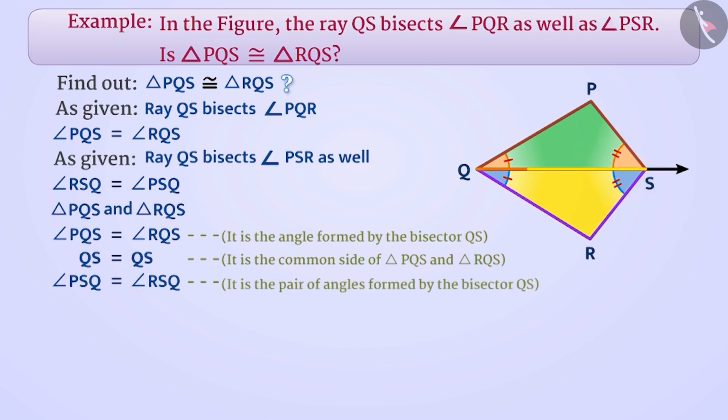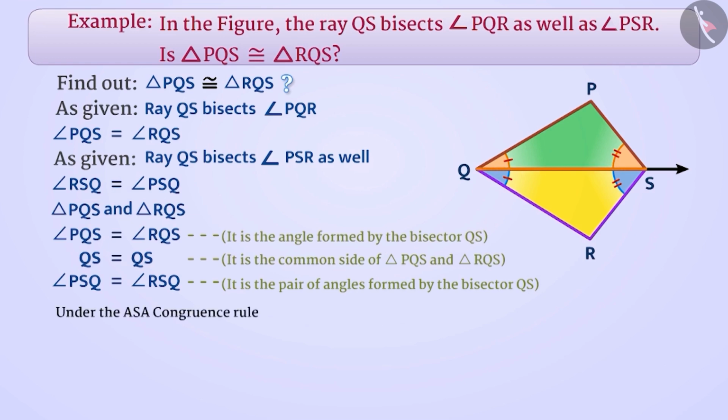Since two angles, angle PQS and angle PSQ, and the included side QS of triangle PQS are equal to the corresponding angles angle RQS and angle RSQ, and the included side QS of the second triangle, triangle RQS.